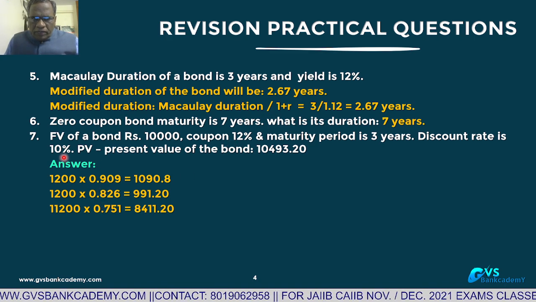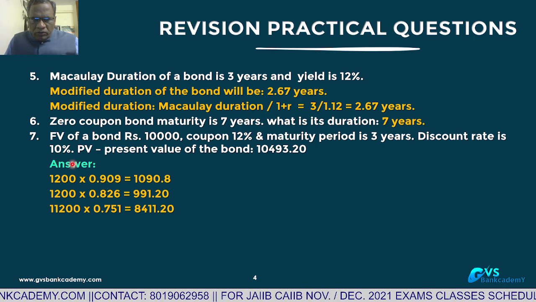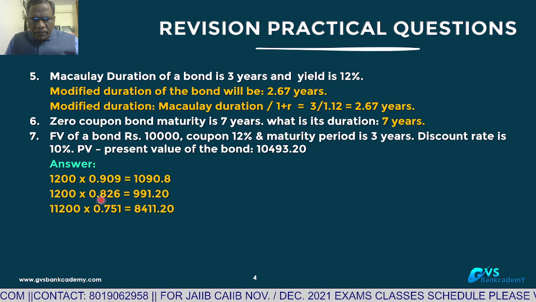Now at the rate of 10%, the discounting factor for the first year is 1 divided by 1.10, which is equal to 0.909. Press equal again, 0.826. Again press equal, 0.751.